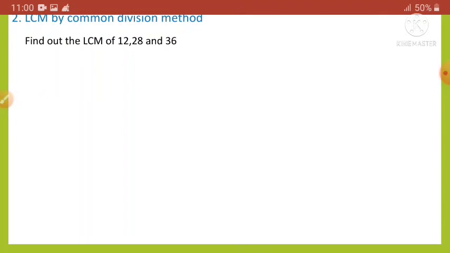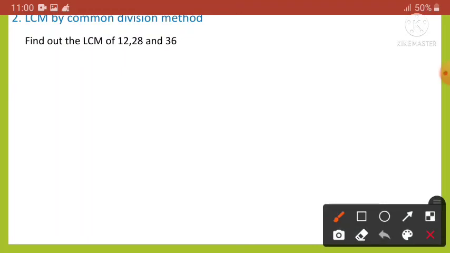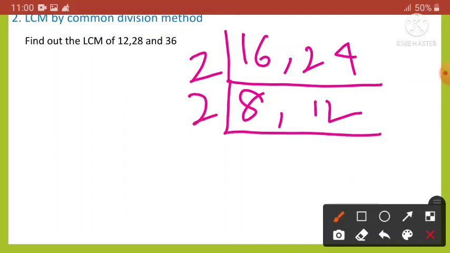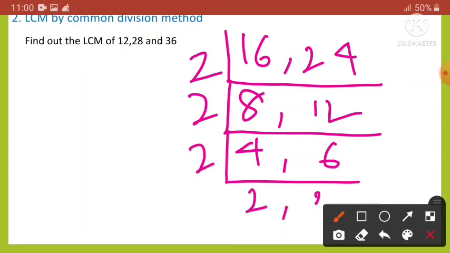So if we take another example for that, suppose 16, 24. So divide it by the smallest prime number, here it will be 8 and 12, again the smallest prime number, so here it is 2, 4 and 6, again 2, that is 2 and 3.